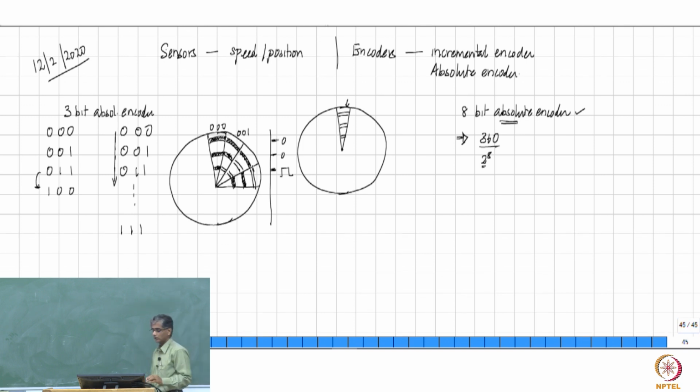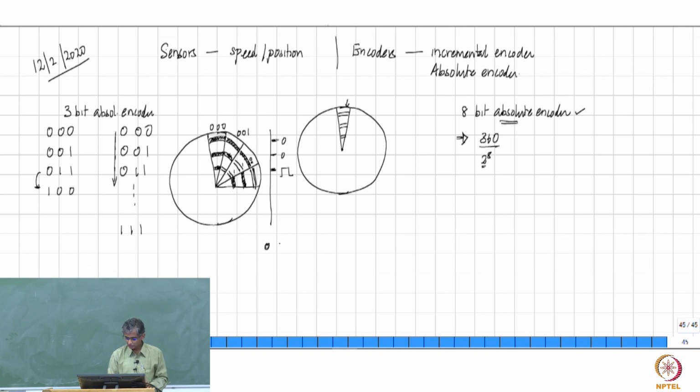then you may have a situation, for example, you go from 0, 1, 1, and if these two slots don't end exactly at the same location, then you could have a situation where this is going to go from 0 to 1. It may not have gone from 0 to 1. There is a small interval where this slot may be a little shorter, in which case you still have 0 existing for some time.